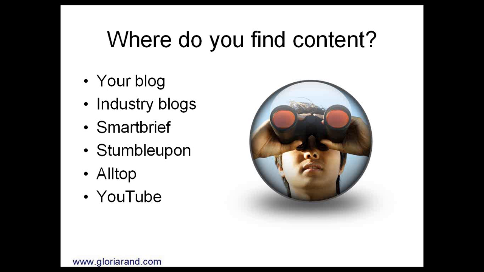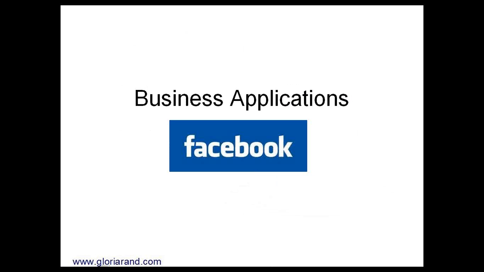I don't know if you're familiar with it, but they've got lots of websites and blogs that are geared to your personal preferences. And then Alltop is another resource. They collect headlines of the latest stories from the best sites and blogs on the internet covering a particular topic. And then, of course, we all know a great source for video is naturally YouTube.